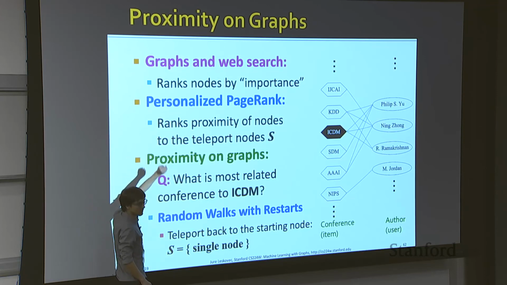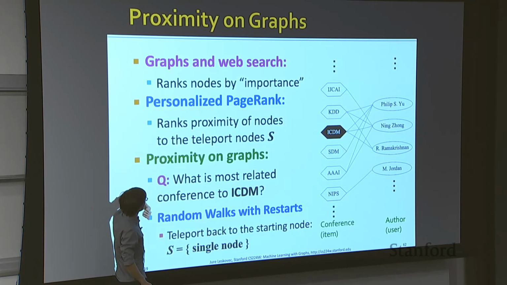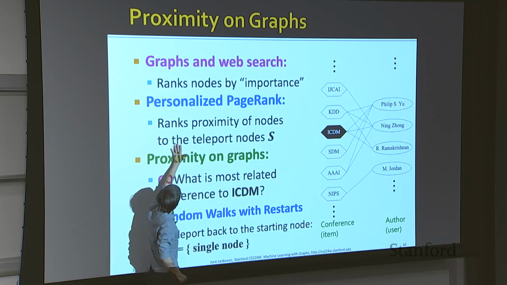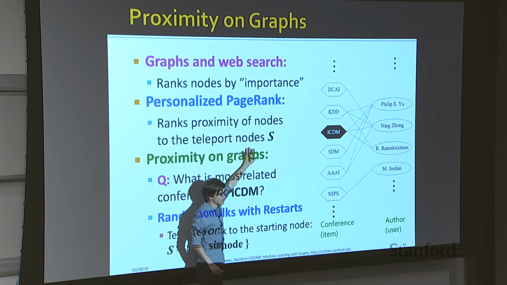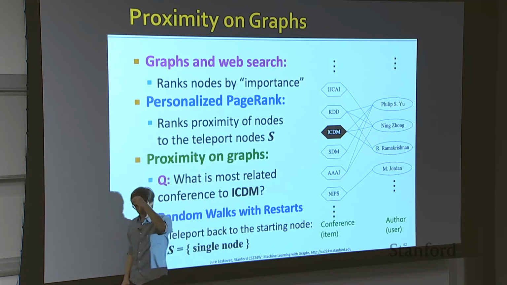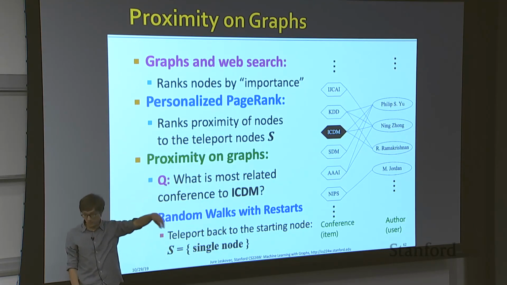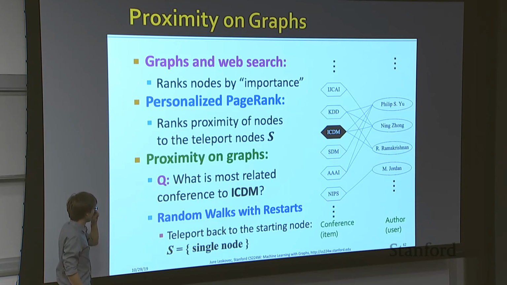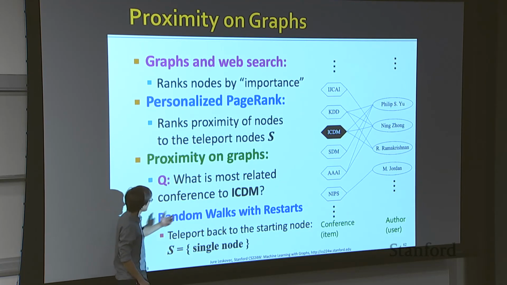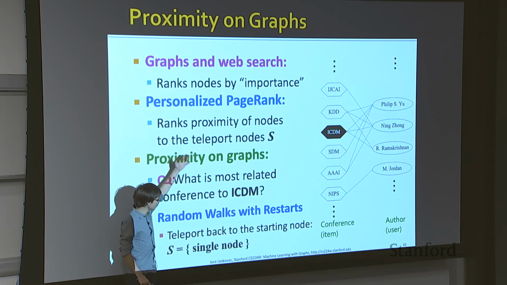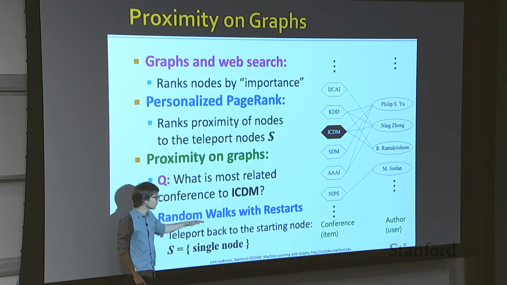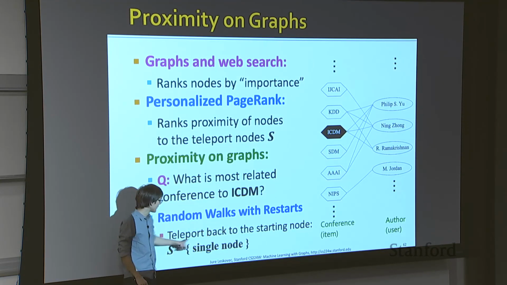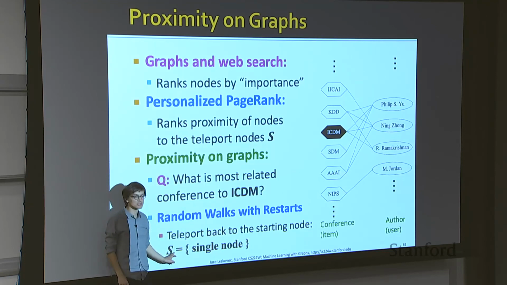Personalized PageRank, or what is also called topic-specific PageRank, will rank proximity of nodes with regard to the teleport set S, where the teleport set is where the random walker lands when it decides to teleport. This can be a set of nodes, or the teleport set can be an individual node, and then this is called random walk with restart, whenever I teleport to the starting node.